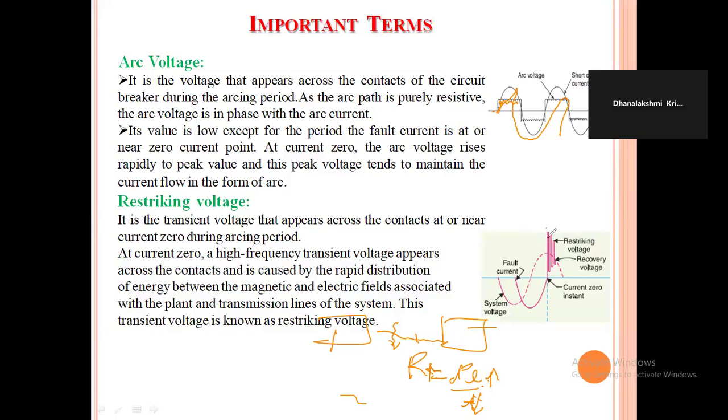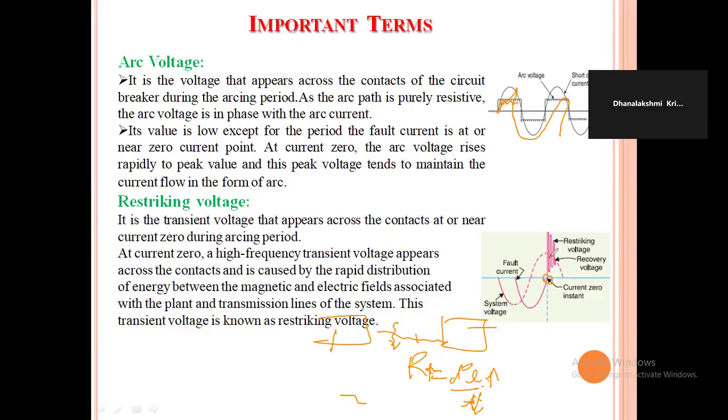So restriking voltage is the transient voltage. Transient means some sudden change in current or voltage. It is the transient voltage that appears across the contacts of the circuit breaker at current near zero. At current near zero, a high frequency transient voltage appears across the contacts due to rapid distribution of energy between magnetic field and electric field.